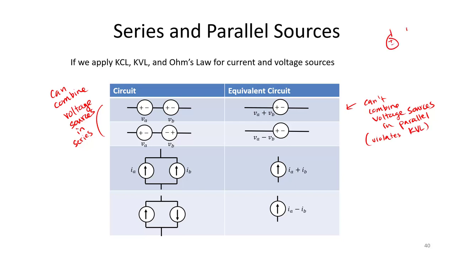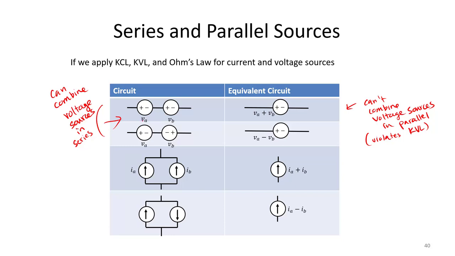You couldn't have two different voltages in parallel with each other because if things are in parallel, that means the voltage must be the same. So you have to be a little bit careful when combining sources. Just make sure that things are indeed in series here before you combine your voltage sources.